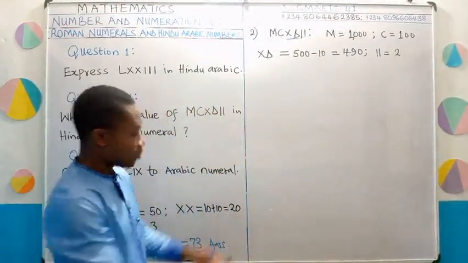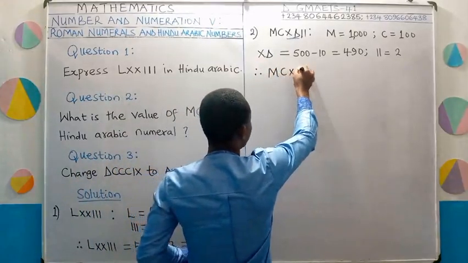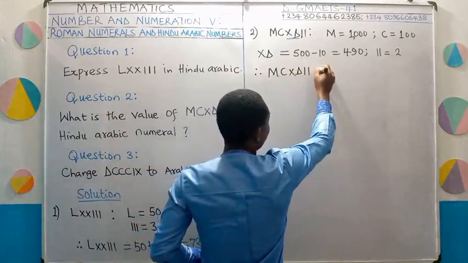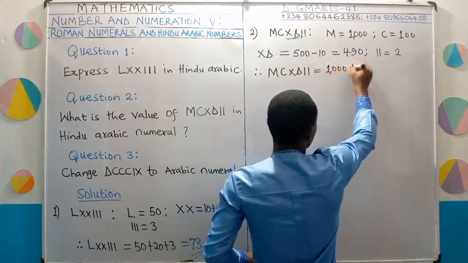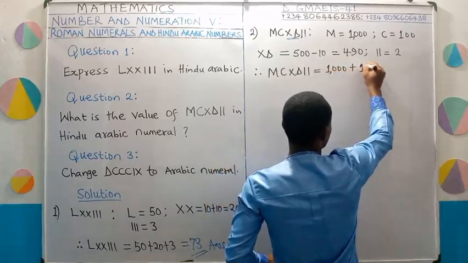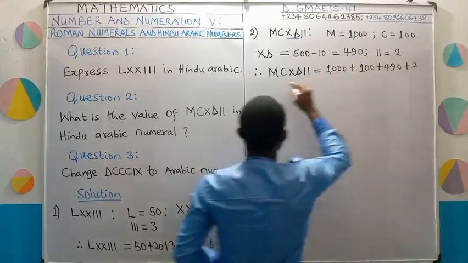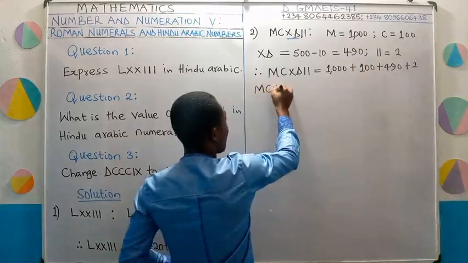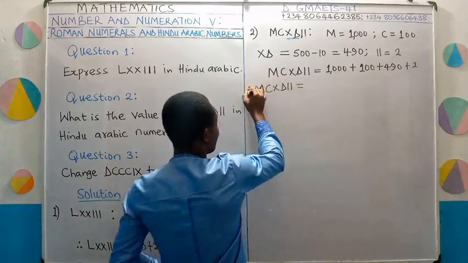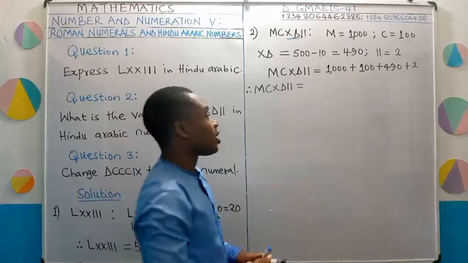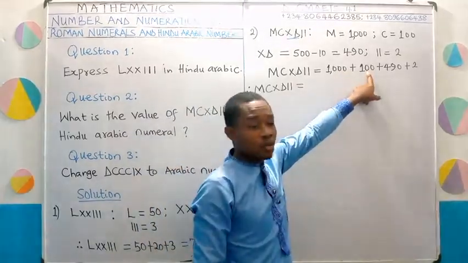Please take note. Therefore, MCXDII will now be equal to, you add up 1000 plus 100 plus 490 plus 2. So you will see that MCXDII will now be equal to, let me put it here, if you add up this 1000 plus 100 will give us 1100.